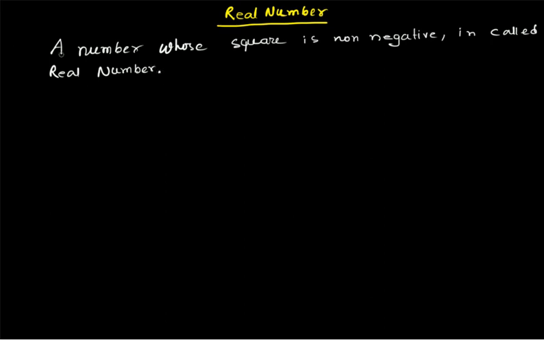So that's the important definition, that a number whose square is non-negative is called a real number.